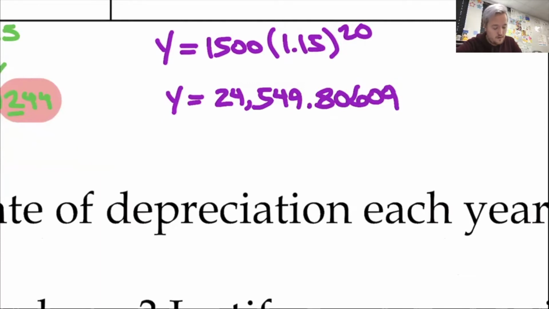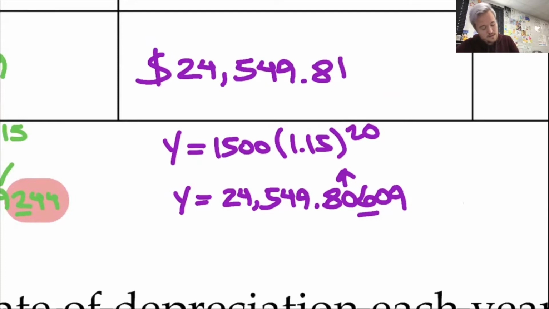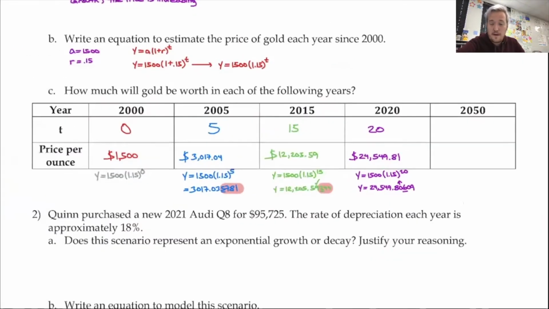Remember, we can only have the nearest cent. Because of the 6, we round up. So our price here is going to be $24,549.81. Keep in mind, I'm doing this all by hand. I will show you how to do this on the calculator in just a second.